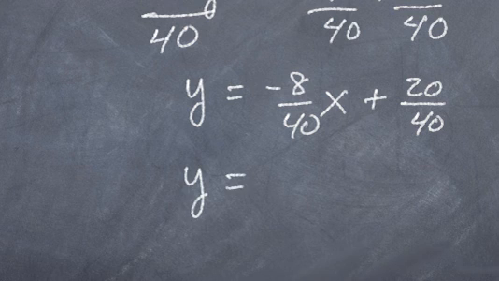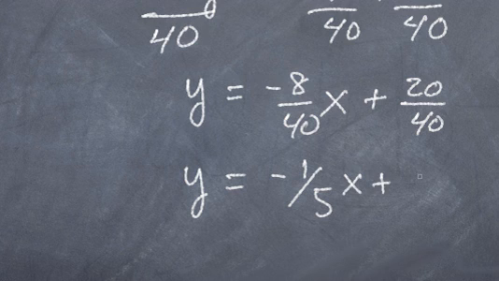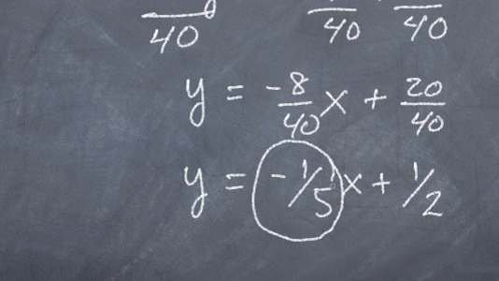So we have y is equal to negative, 8 goes into 8 one time, 8 goes into 40 5 times. 20 goes into 20 once and into 40 twice. So as you can see here, this, remember, is the slope. Now remember this form, this was y is equal to mx plus b. This was your slope and intercept form.